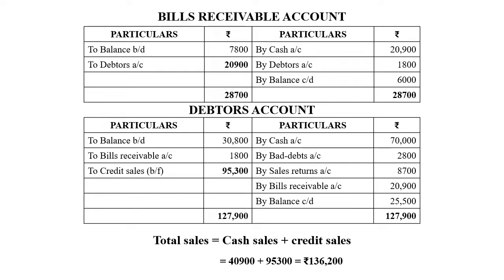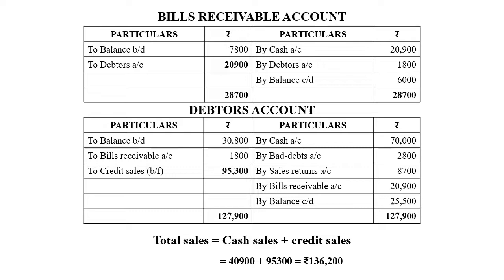Then you have to start the debtors account with the opening balance. Then record all the transactions given in the problem. Then before writing the closing balance, have a glimpse at the bills receivable account and see whether you left any entry from it. Always, after recording all the transactions and before recording the closing balance, you have to see the previous ledger account, and see any item that is not appearing in the problem but was ascertained from the bills receivable account.